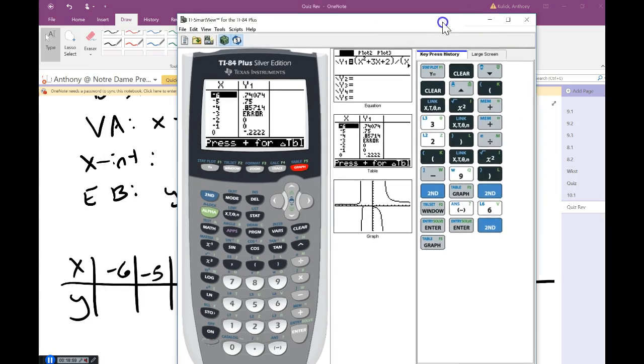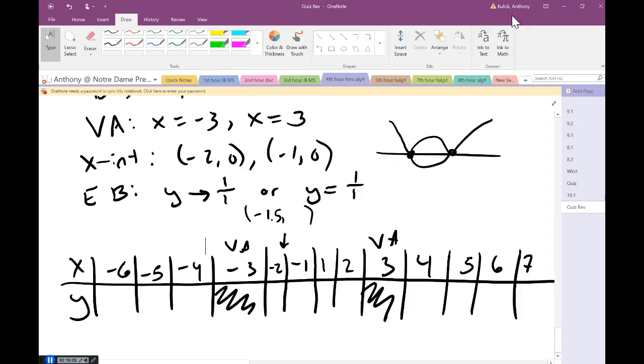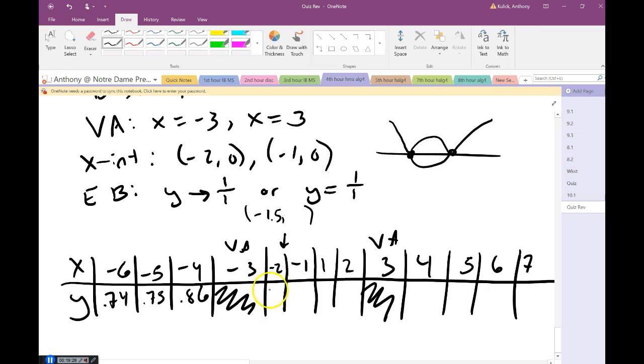So let's just clear this out of here, and then we'll get that. Okay, so I have 0.74, 0.75, 0.86. And then we have 0, 0, negative 0.22, negative 0.75, negative 0.24. That was negative, wasn't it?